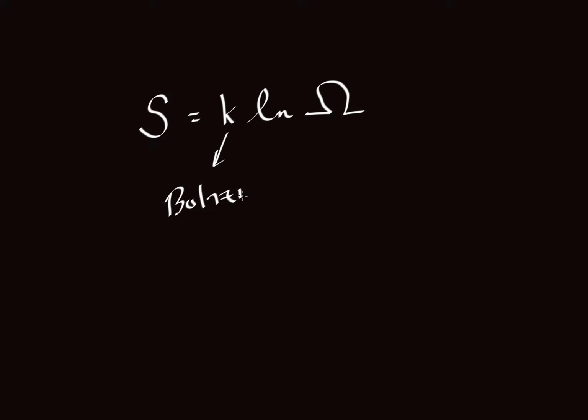All right. So with the advent of the atomic theory, a fellow by the name of Boltzmann came up with another way of thinking about entropy, and he came up with what we now call Boltzmann's law. So entropy is equal to this thing called Boltzmann's constant.